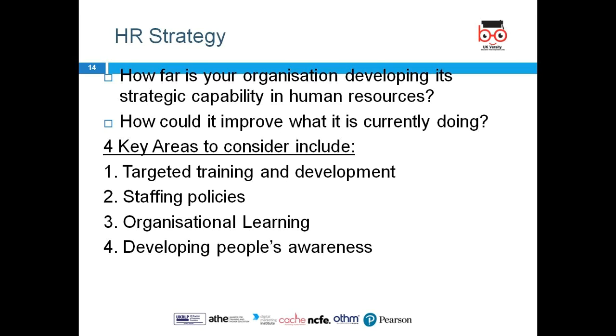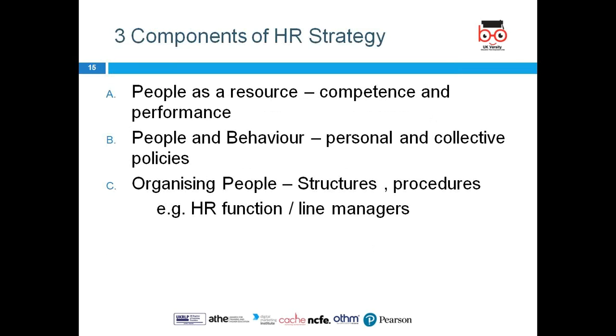Targeted training and development, staffing policies, organizational learning, and developing people's awareness: if we do these, ultimately that becomes a huge resource for our organization. Components of HR strategy: we need people as a resource, competence, and performance, and people and behavior, with personal and collective policies in our organization.